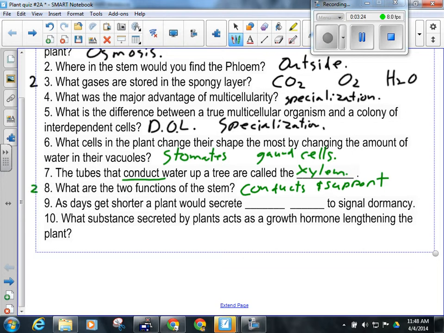Okay, number 9. As days get shorter, a plant would secrete more of this stuff to signal dormancy. Well, yeah, if you remember it that way, that's a good way to remember it. Abscisic acid.